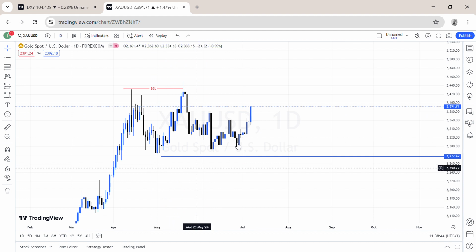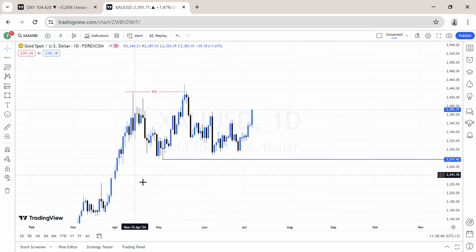So on the daily chart, there was no change of character, and there was no market structure shift. The market structure shift would have been printed at this point.